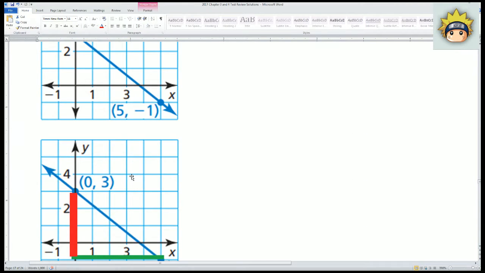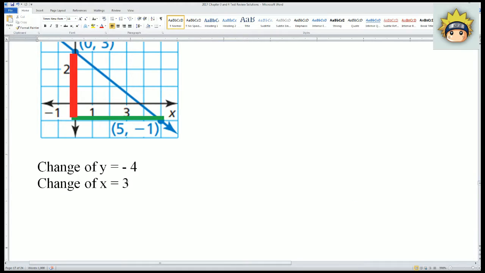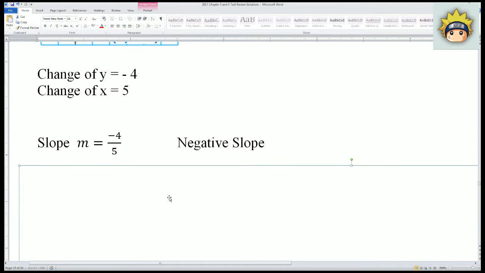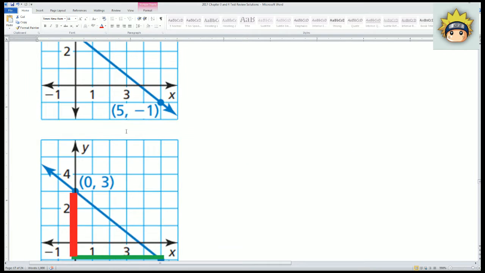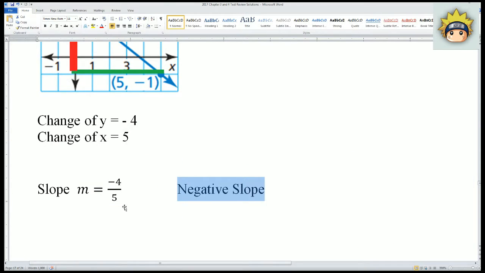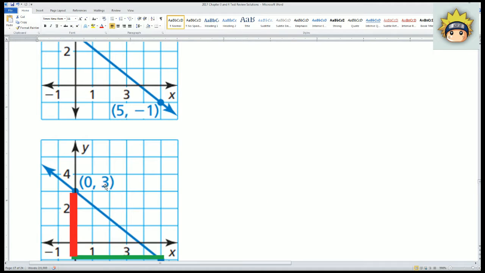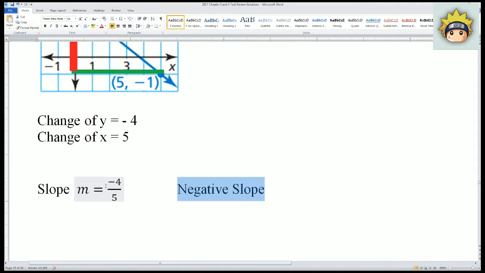So my change of x is 5. Alright, so the slope here should be negative 4 divided by 5. Okay, and this is going down, which indicates the negative slope, so we are correct. Okay, this is number 32.